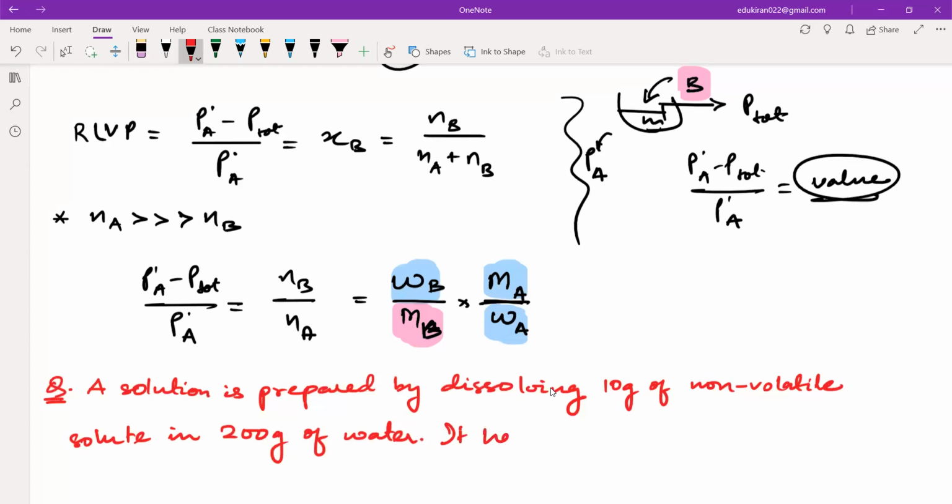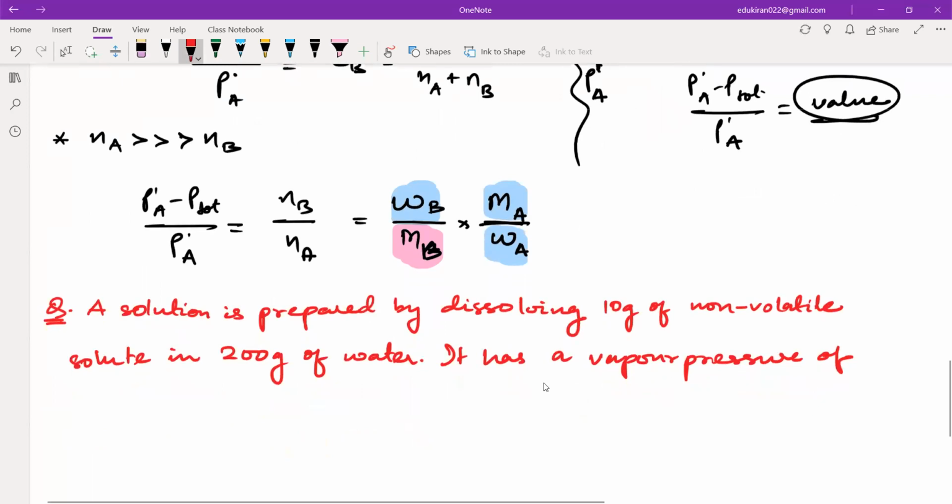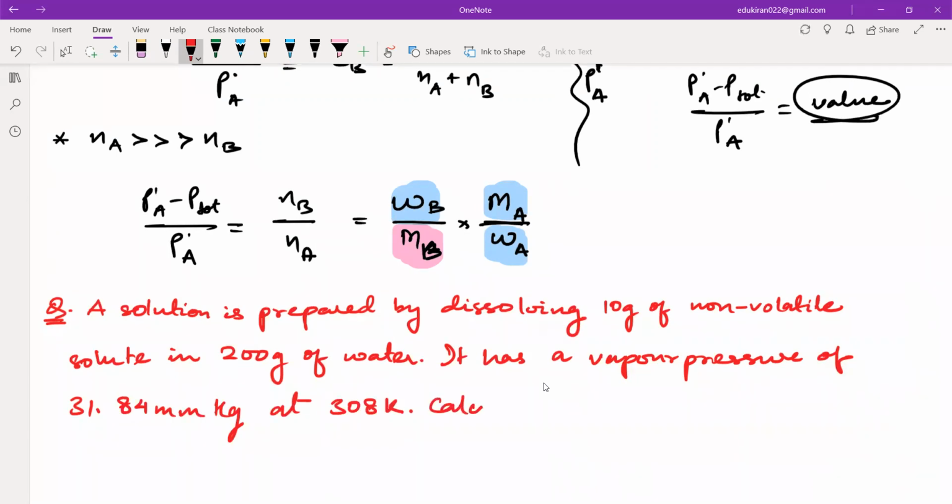It has a vapor pressure of 31.84 mm Hg at, let us say, 308 Kelvin. Calculate the molar mass of solute.